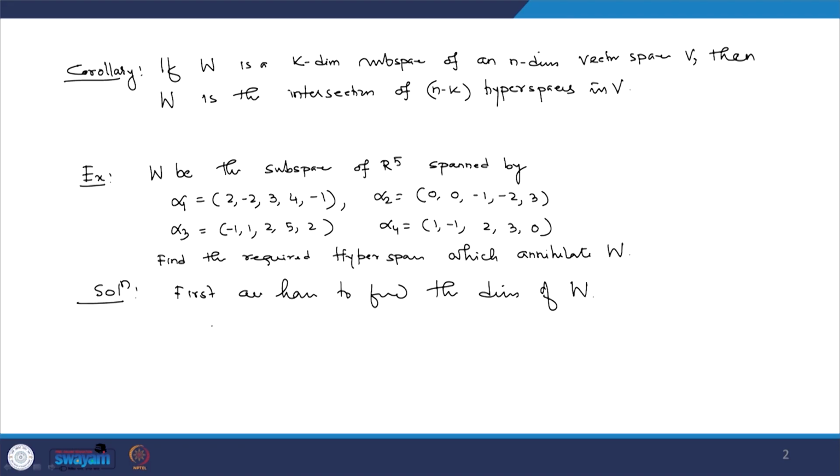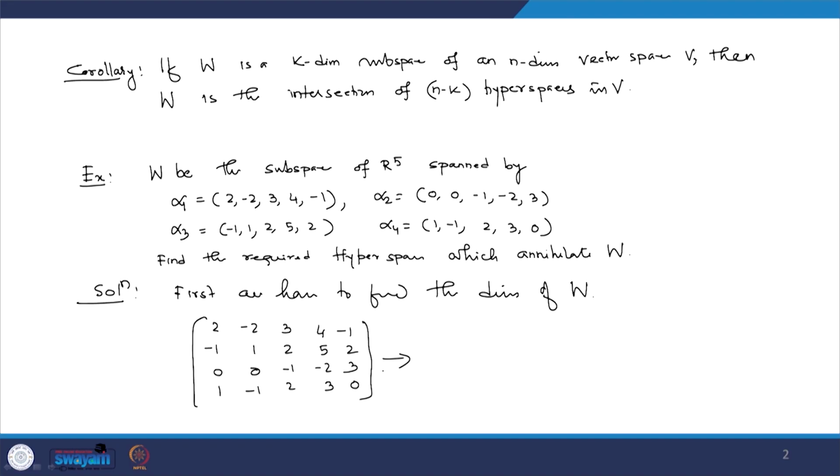Then I have 2, minus 2, 3, 4, minus 1, minus 1, 1, 2, 5, 2. There may be some mistake in my algebra, so you should also cross check before accepting it. Then minus 1, minus 2, 3, 1, minus 1, 2, 3 and 0. So, this is the matrix.